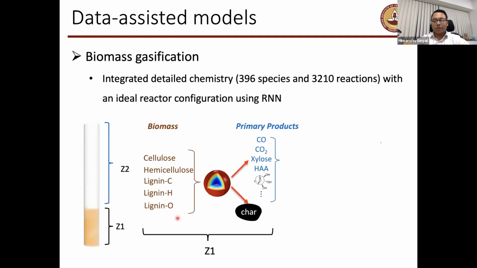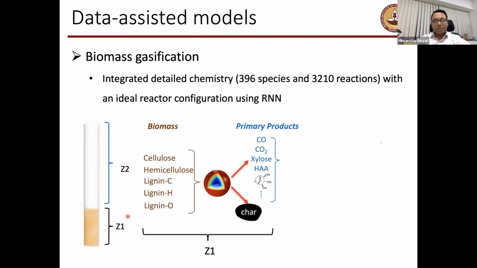First, to develop a machine learning model, we need high-fidelity training data, which encompasses all the possible data on which our model will be used in the future. As a first step, we use the one-dimensional intraparticle biomass pyrolysis model, which gives us some primary products.